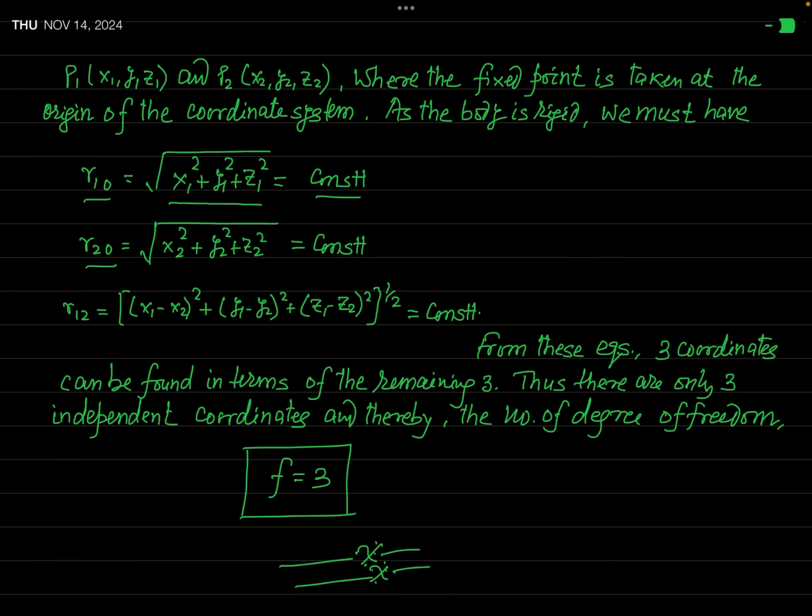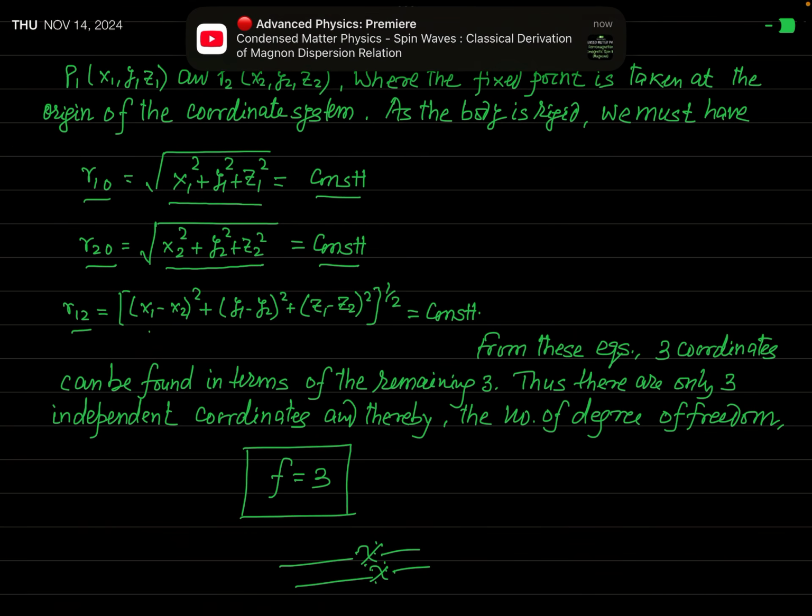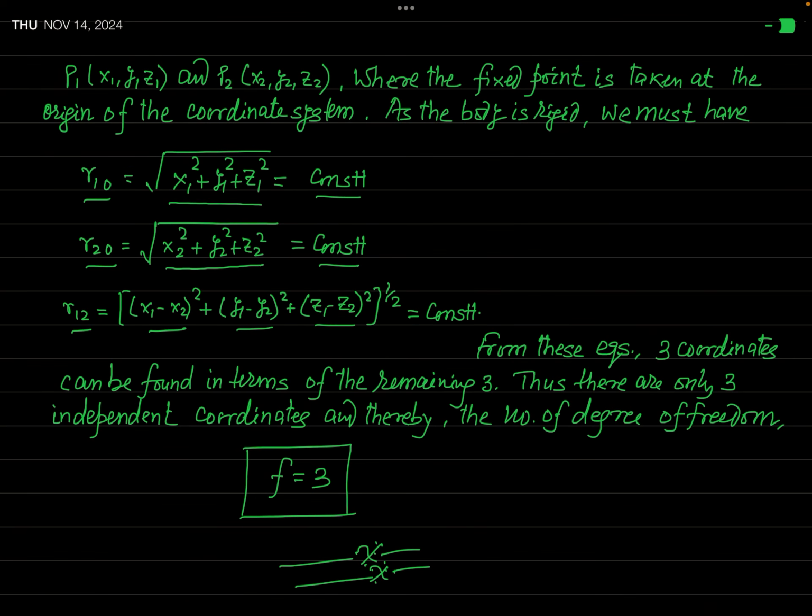Similarly, R2O will be equal to the square root of x2 square plus y2 square plus z2 square, and that will be also a constant. Okay, and R12, this will be given as the square root of (x1 minus x2) whole square plus (y1 minus y2) whole square plus (z1 minus z2) whole square, and that is equal to constant.